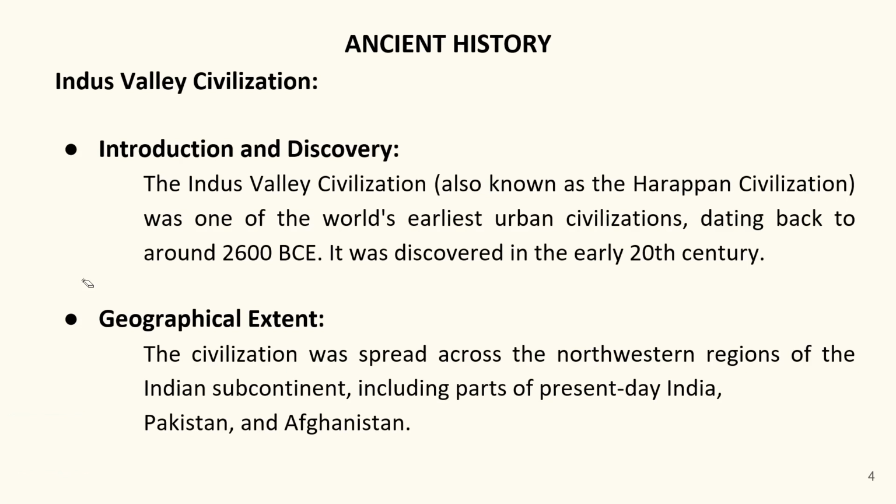The Indus Valley civilization, also known as the Harappan civilization, was one of the world's earliest urban civilizations, dating back to around 2600 BCE, discovered in the early 20th century. So the Indus Valley civilization developed around 2600 BCE and was discovered in 1911 and 1912, when the Britishers were exploring the area.